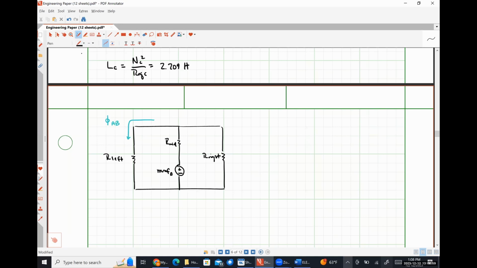Or we can look at this guy. So here's our left. Here's MMF B. Here's our mid.